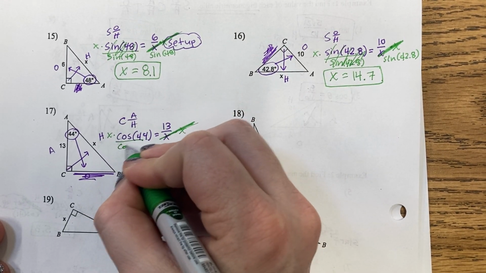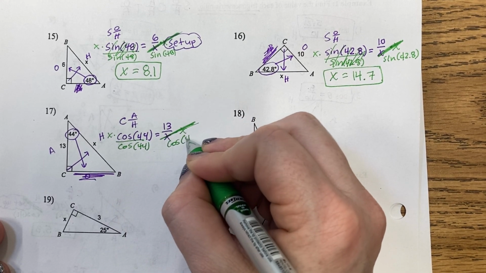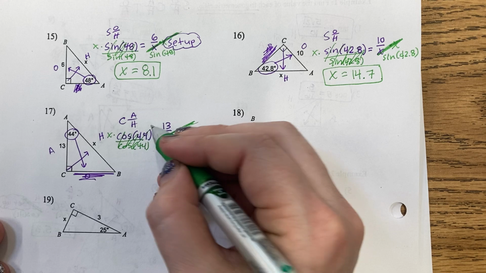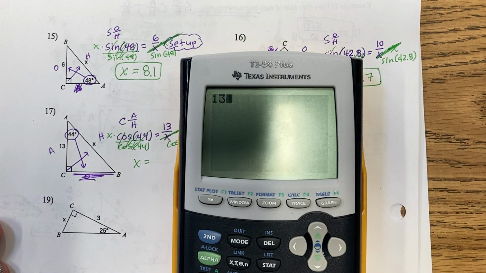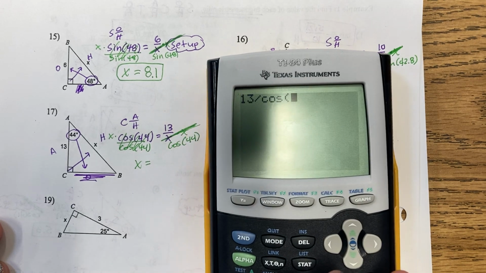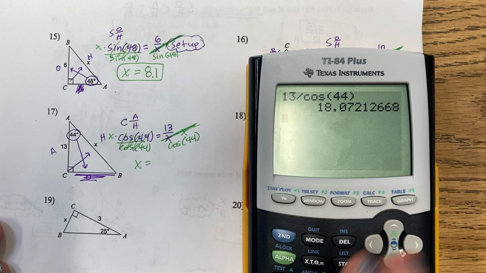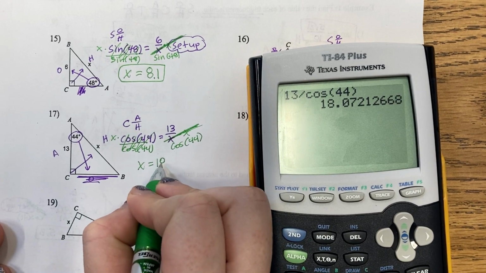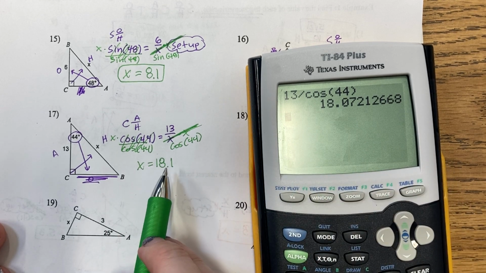Get x alone. X is equal to 13 divided by cosine of 44. 18.1 when I round it. That 7 will bump the 0 up to a 1 when I round.